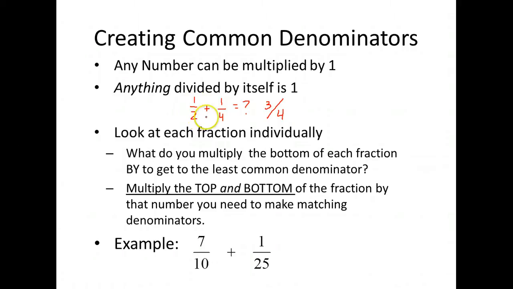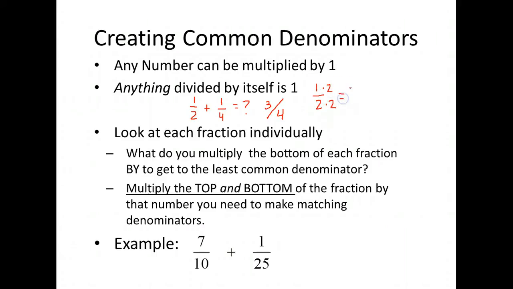And the question you ask yourself is, oh, I have to make common denominators. 1/2 an inch is 1 out of 2. I need it to be out of 4. So how do I turn 1 out of 2 into something out of 4? Well, I would multiply the bottom of the fraction by 2 to make it out of 4. That means I have to also multiply the top by 2.